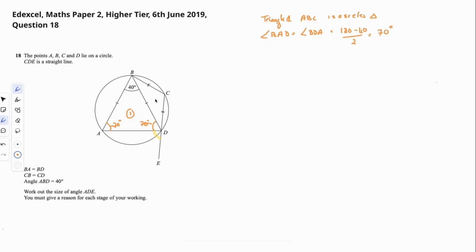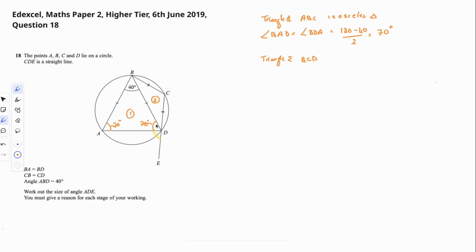The next step is to look at triangle 2, which is here, BCD. Now in this case, we need to work out what this angle here is, but there's no easy way of working that out because in fact no angles are actually given to us. And the reason why we want to work out this angle is because angle ADE sits on a straight line.